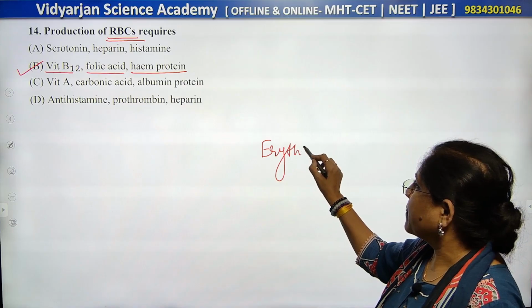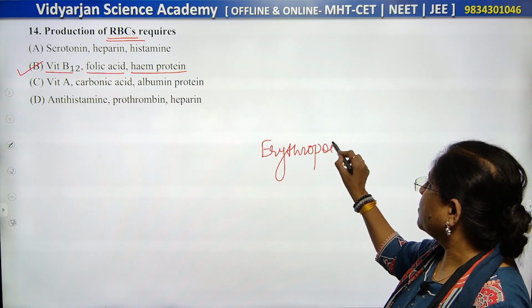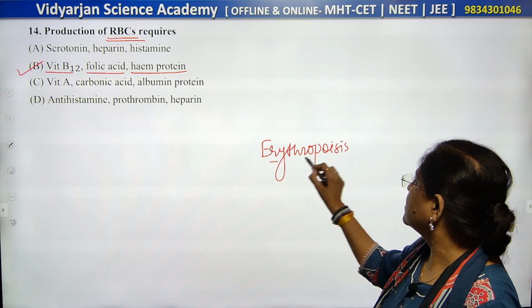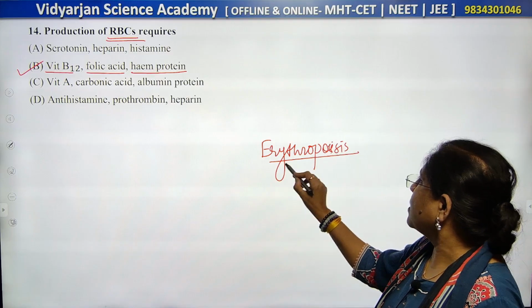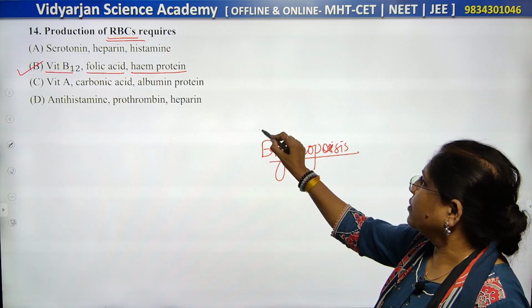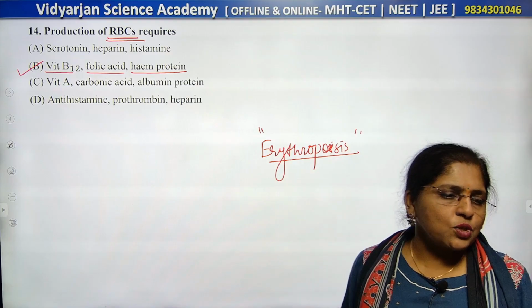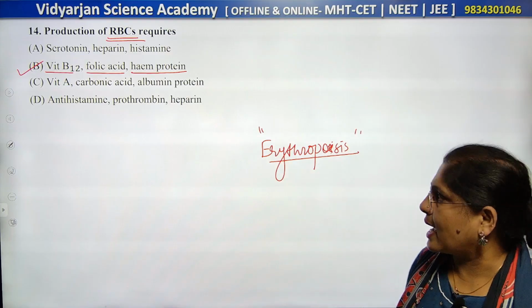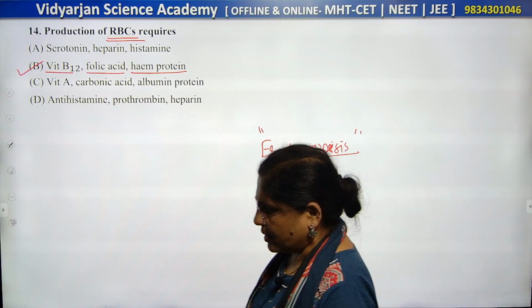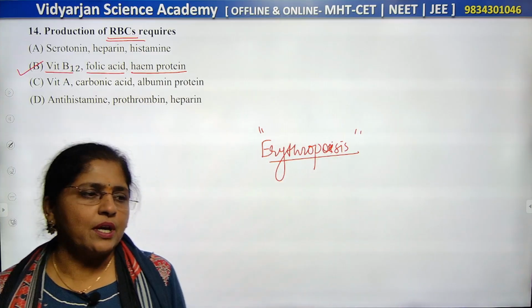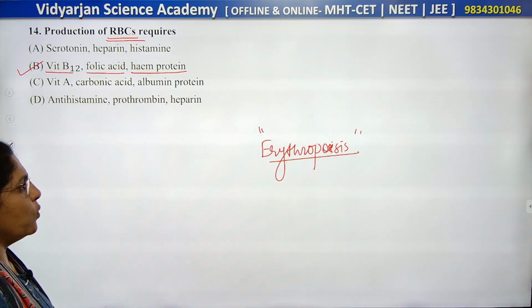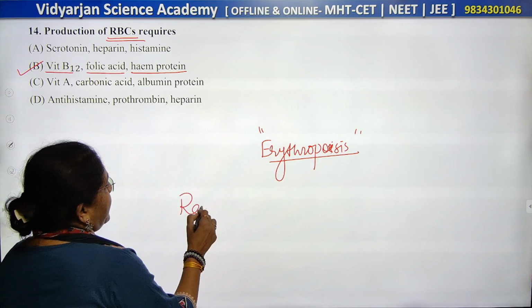It is known as erythropoiesis. Got it? Production of the RBCs is called erythropoiesis. You can note it down. And it is produced here in the red bone marrow. Where is the site for the production?